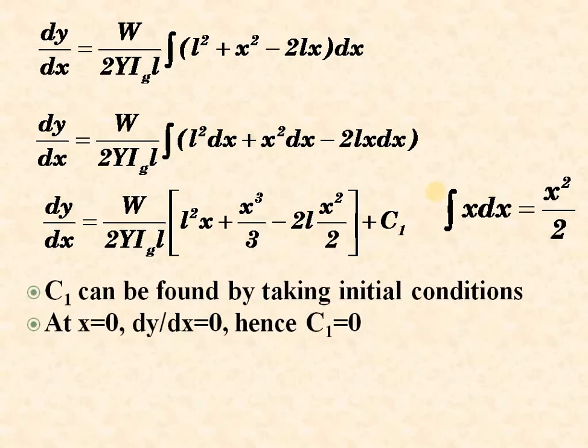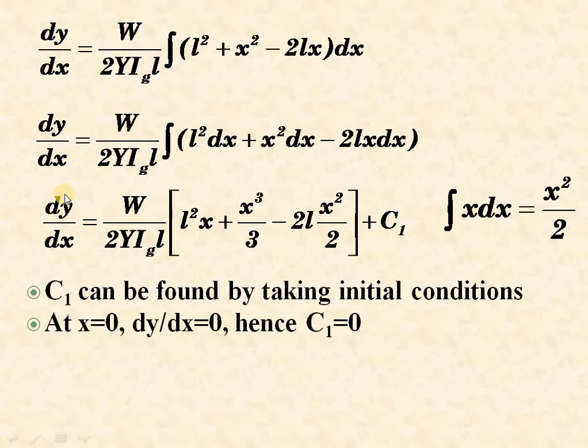So for calculating the value of c1, what we can do, we apply the initial condition. What will be the value of c1 at the beginning? For finding the beginning, we take x is equal to 0, that is at the fixed point A. When x is equal to 0, obviously dy by dx will be equal to 0 because there is no curvature at the fixed point.